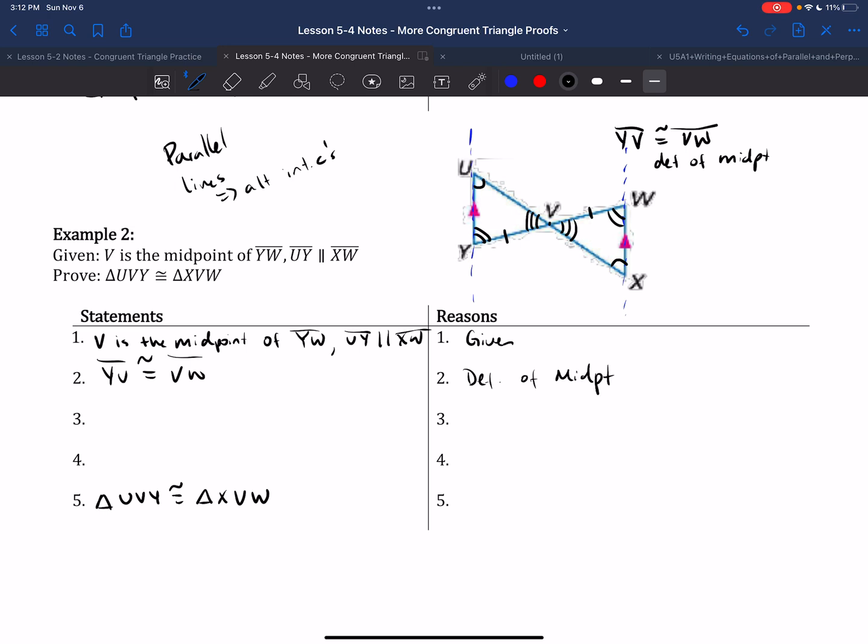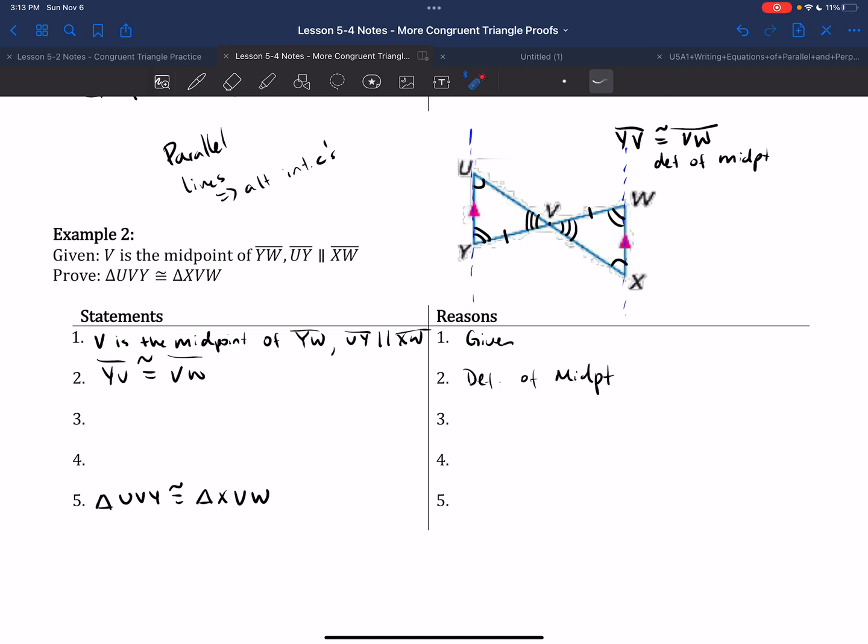Okay, and then let's see. We know that this angle here and this angle here, they are congruent because of the alternate interior angles. Remember, we have 2 lines that are parallel cut by this transversal here. That means that this angle and this angle are congruent due to the fact they are alternate and they are inside the parallel lines. So how do we write this?